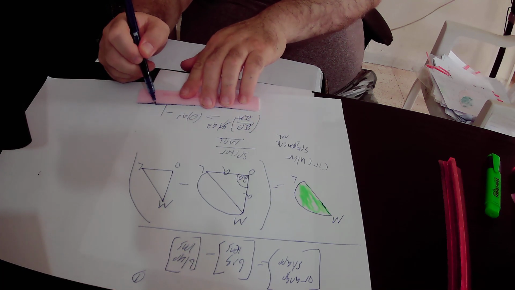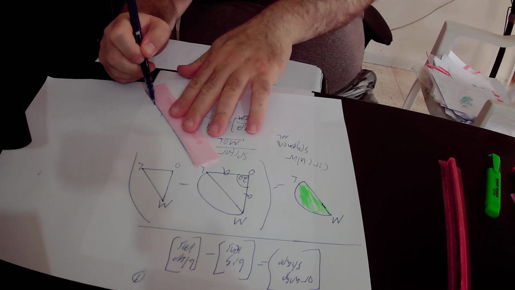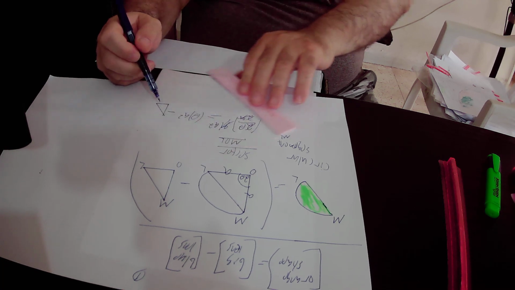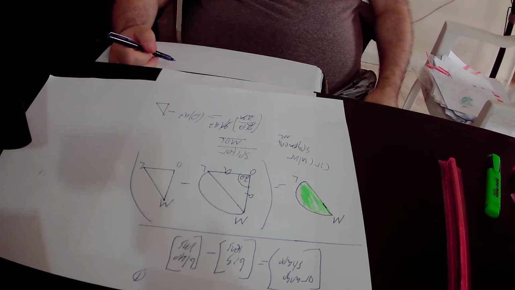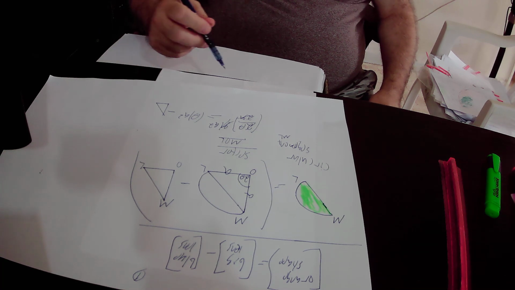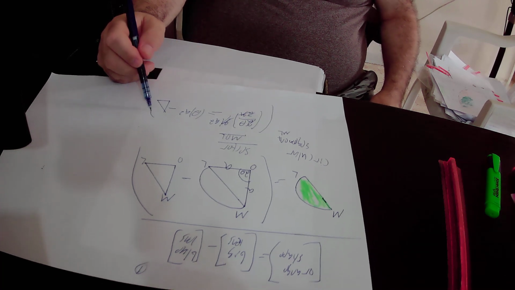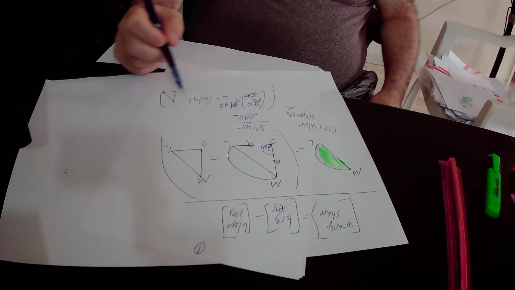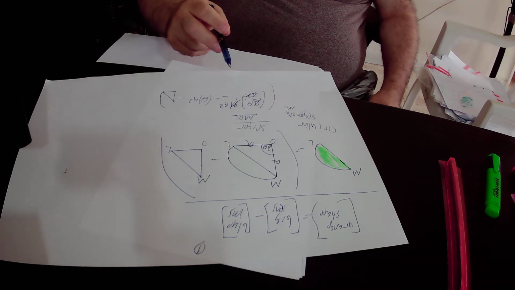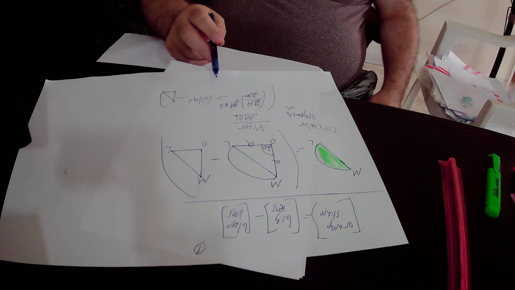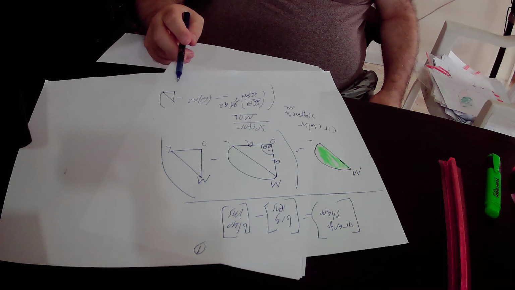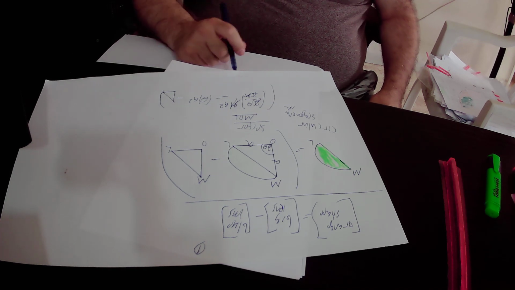We don't have to calculate the area. We'll do it later in a different way. In conclusion, the area of circular segment ML equals theta a square minus the area of triangle MOL.